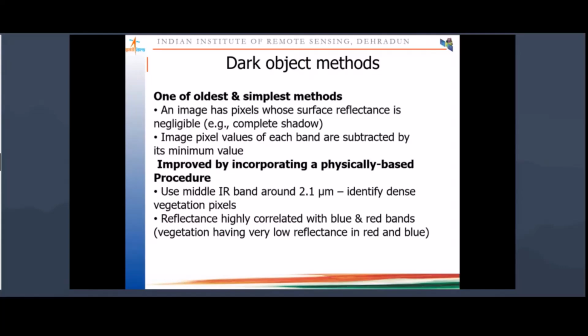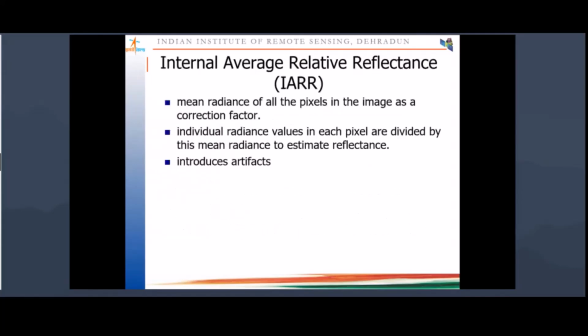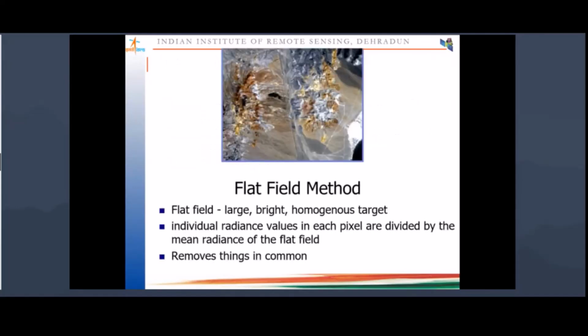But otherwise, soils or water bodies can't be used as such because these will be altered with respect to time. Okay, and then one of the very good methods is the ground truth method, the traditional approach or the empirical line. But again, you have to have the resources available with you where you can directly map your digital number or your image radiance to the ground reflectance.